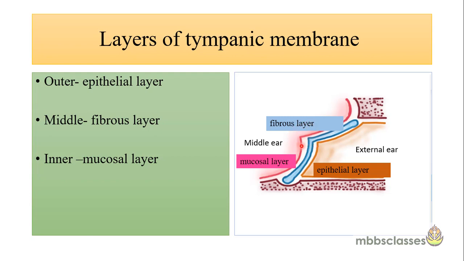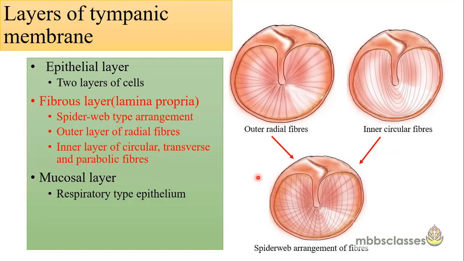Next, the innermost layer, the medialmost layer, is the mucosal layer, which is continuous with the mucosa of the middle ear cavity. The epithelial layer, which is the outermost layer and is continuous with the epithelial layer of the external auditory canal, consists of only two layers of cells.